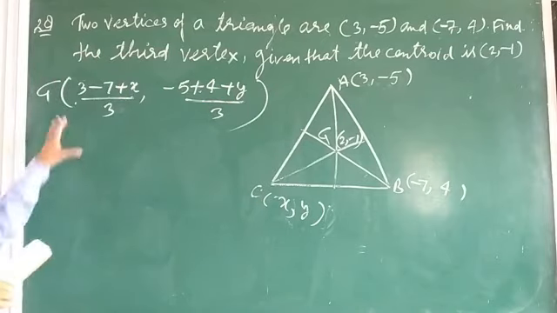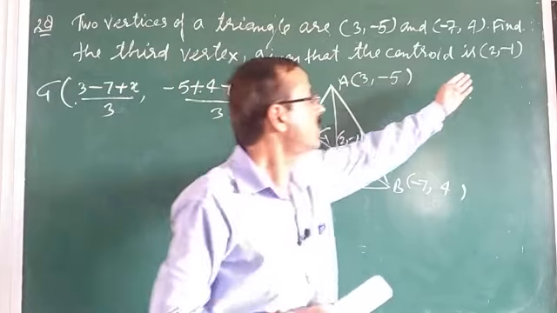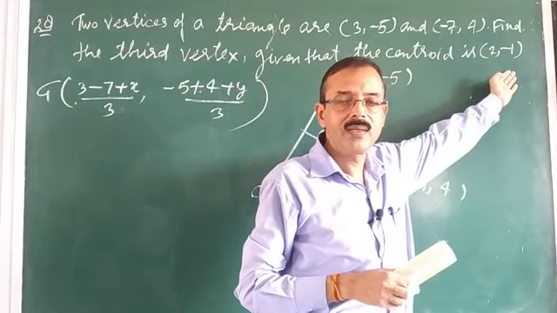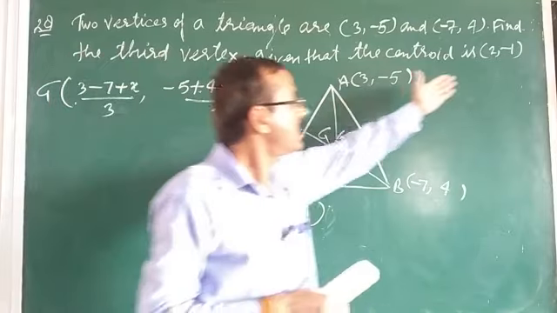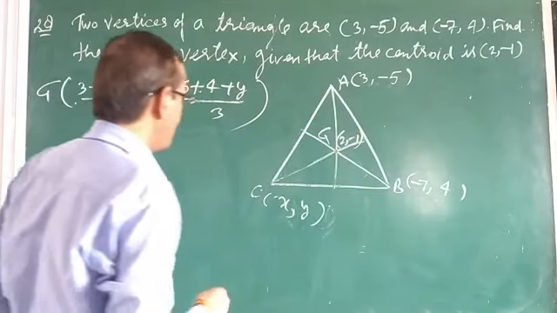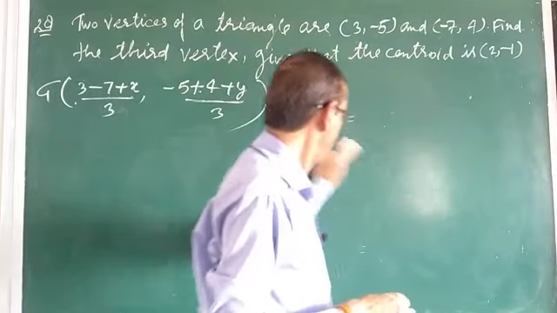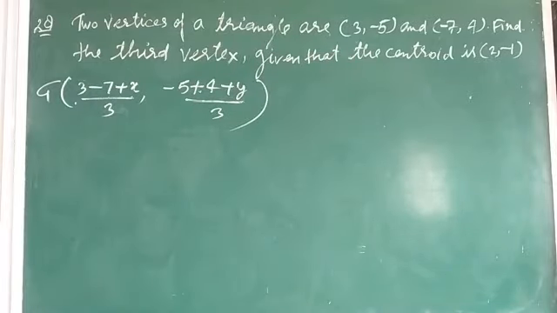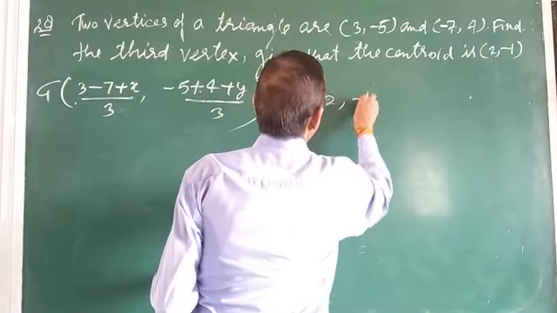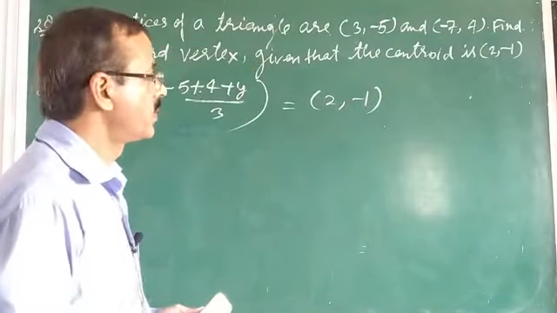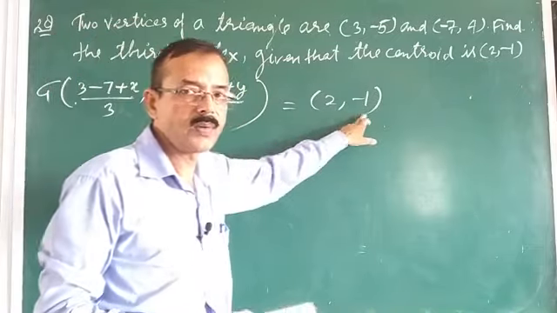This is the centroid, and (2, minus 1) is also the centroid. So both are the same, and we can say this equals that. So this is equal to 2 and this is equal to minus 1.